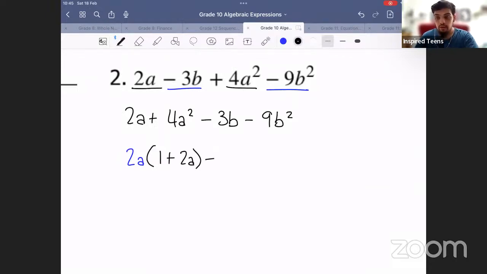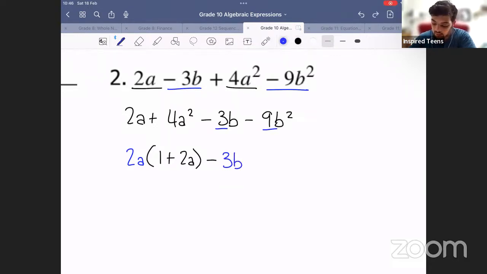Minus, okay. Now I'm taking a common factor of negative in this case, right? That is important. Let's see how it's important. Let's first identify the highest common factor between the coefficients. It's going to be 3. And between the variables, it's just going to be b. Why?